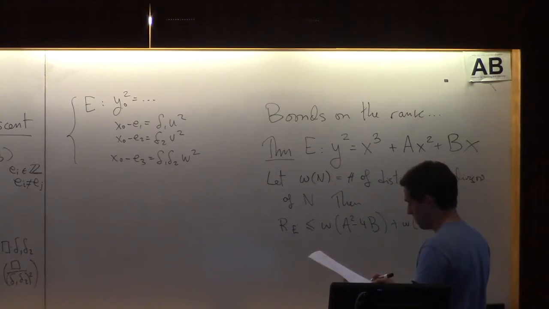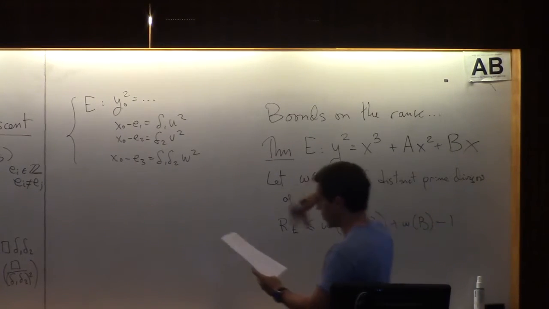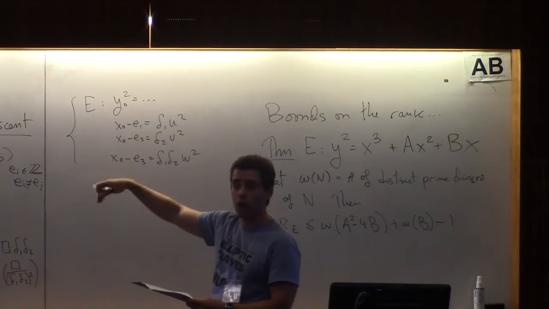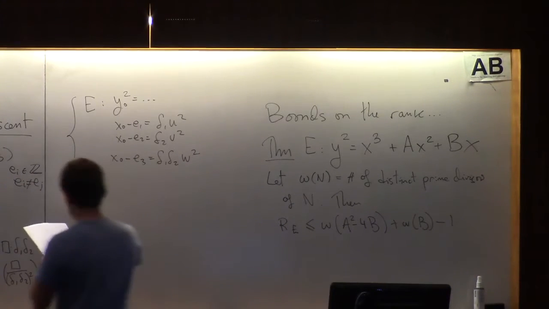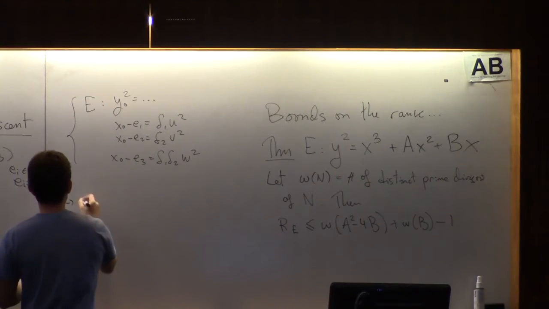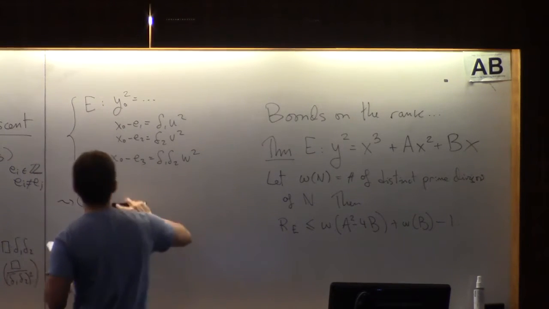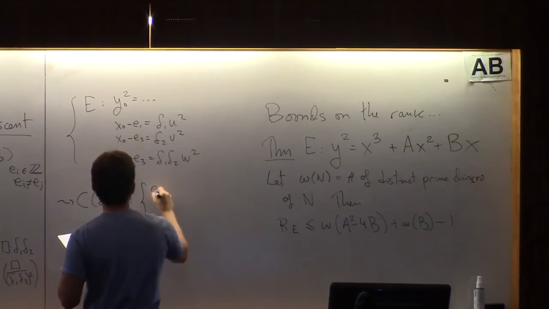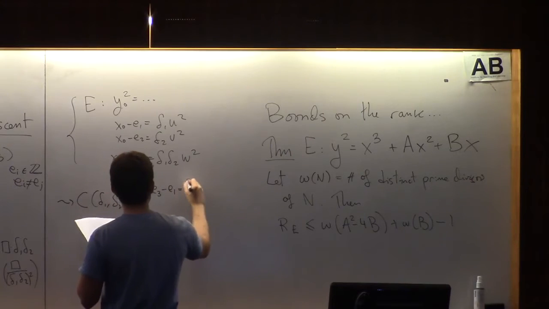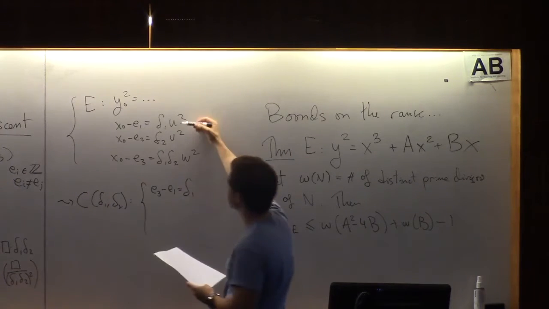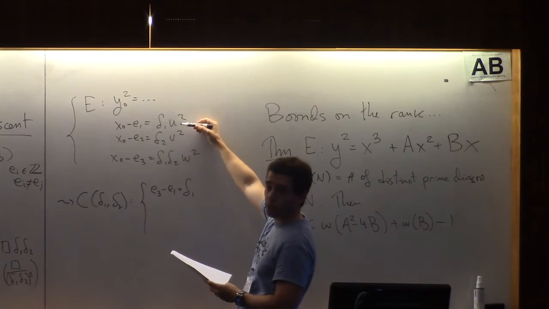And if you subtract equations, now I want to get rid of the x_0 here. What this brings me to is what I'm going to call C of delta 1, delta 2, and it's e_3 minus e_1 is delta 1 of, I'm going to replace now, this is a variable, that's what I want to find.